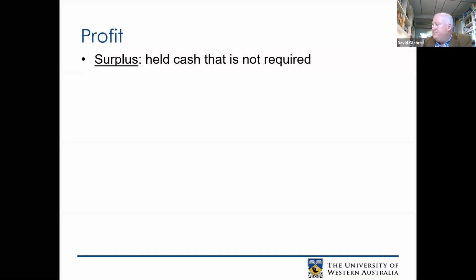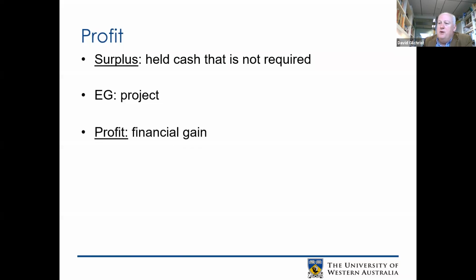A surplus might be relevant in an example where we've built the building, and we don't need the money anymore, for instance. But in terms of profit, profit relates to financial gain. And I know that's a funny phrase to use in the not-for-profit and charitable sector, but it's important to remember that that financial gain goes into building the balance sheet and addressing the short, medium and longer term solvency and sustainability issues that I talked about before.